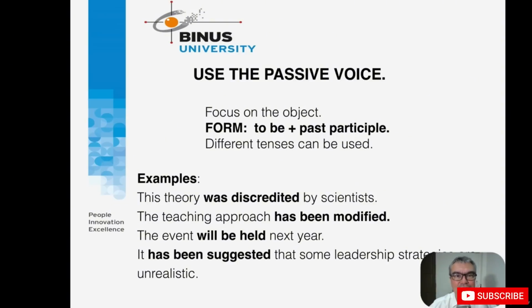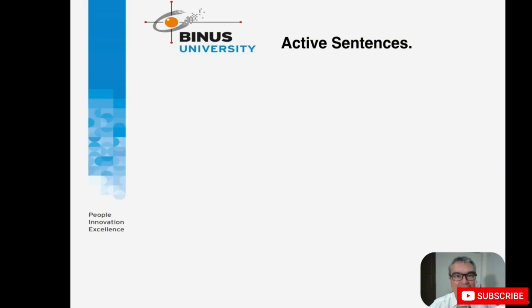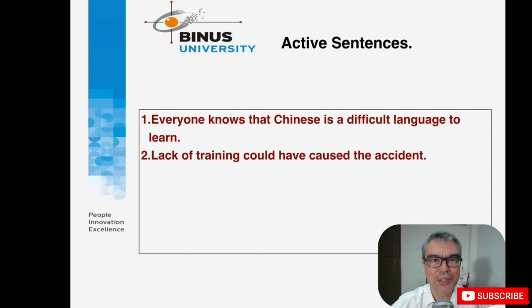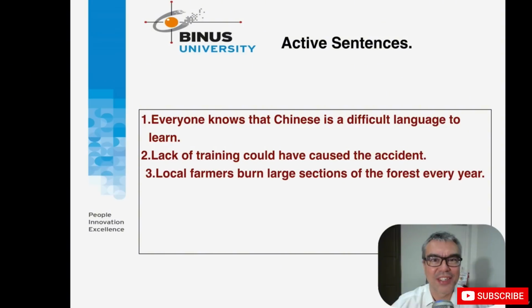As a comparison, let's look at some active sentences, and you can see how the focus changes. Number 1, everyone knows that Chinese is a difficult language to learn. Number 2, lack of training could have caused the accident.